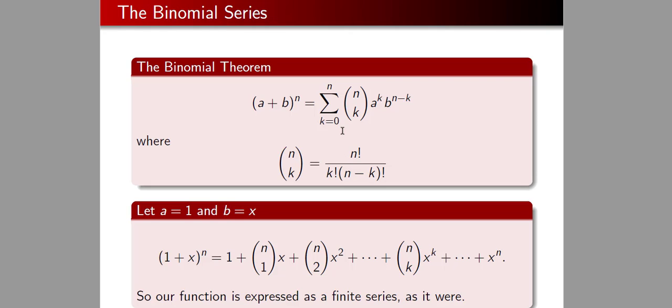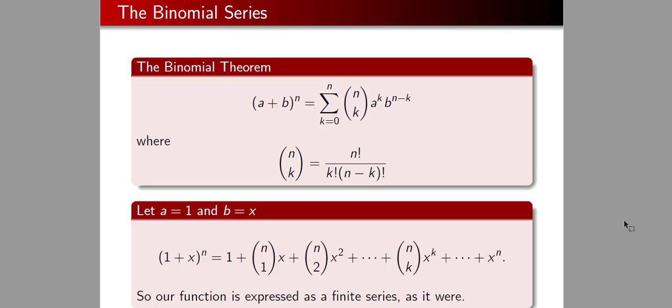Okay, so for example, if we have a equals 1 and b equals x, my 1 plus x to the nth power is going to be 1 plus n choose 1 times x plus n choose 2 times x squared plus etc., etc., up to n choose n, but n choose n is equal to 1.